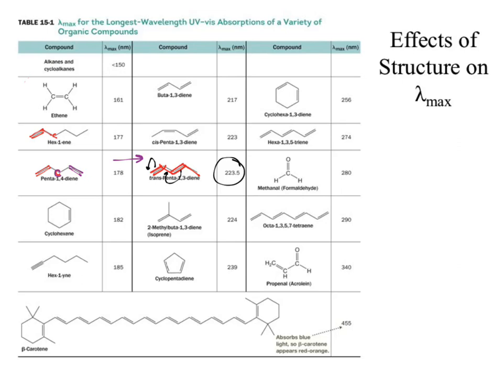Wow, that changed significantly. We're looking at a big jump there. So when our double bonds come in contact with each other, that significantly changes their energy. That's when we'll see a change in the lambda max. As we continue to conjugate, we continue to see that wavelength jump. Which is kind of a neat feature of our lambda max.